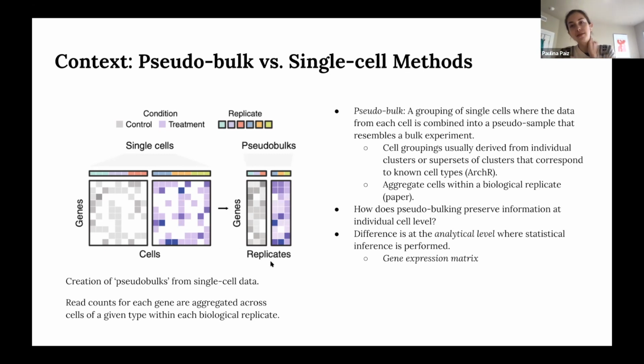So if we want to get a little bit more granular, we would have different gene expression matrices where we would perform the statistical inference. Specifically for pseudobulk, as you see at the lower left, we're performing this inference based on aggregates, where the column data is aggregated across cells of a given type within each biological replicate. So here.